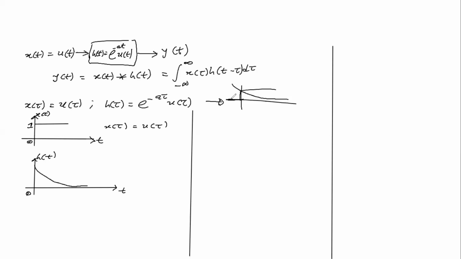Between this, 0 times this, we knock this off. There's 1 here, and 1 times anything will be the same signal. So at the end of the day, all of this will be taken away, and all we'll now have is just this signal which we have here, because u of t is multiplying the signal. Is that clear?